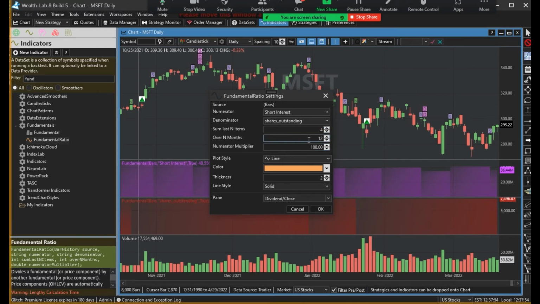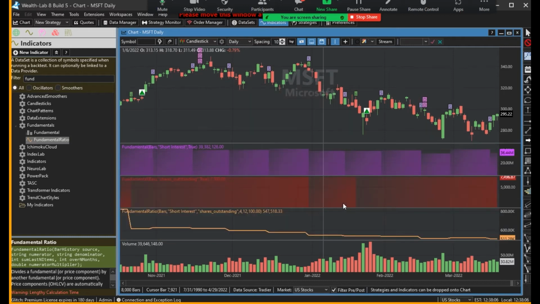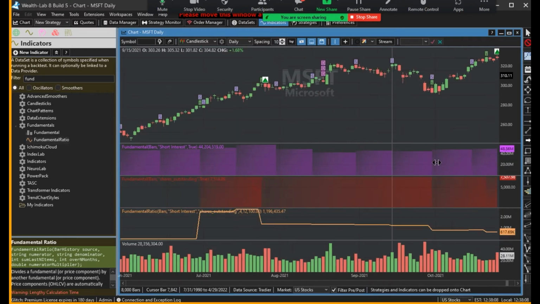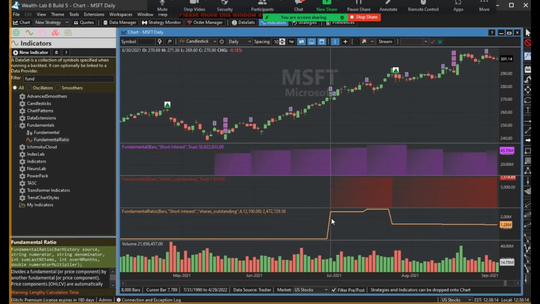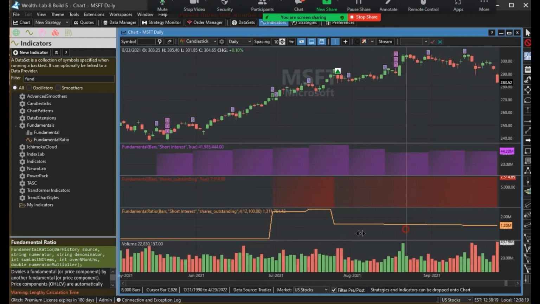And there are some summation settings here that let you sum up the quarterly items. Let's leave it at the default and see what happens here. All right, so here we have a quarterly ratio now of the short interest over the shares outstanding.